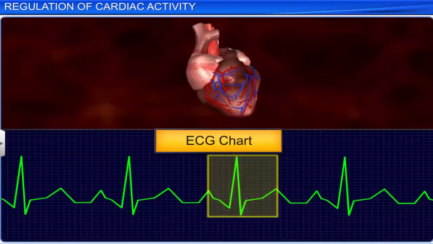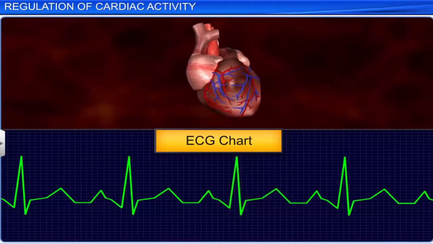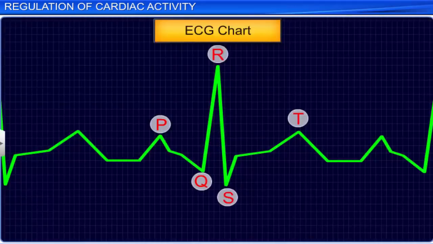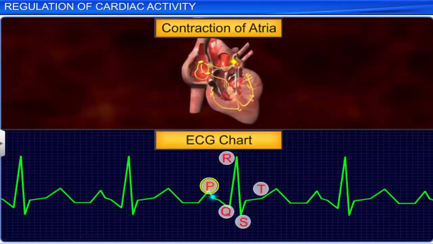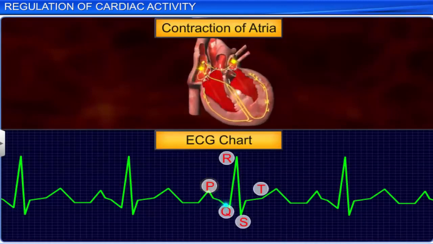An ECG captures the electrical activity of the heart due to atrial and ventricular contractions as voltage traces, which are represented by the letters P to T. A standard ECG should resemble this. Here, the P wave corresponds to the contraction or depolarization of the atria, that is, the atrial systole.